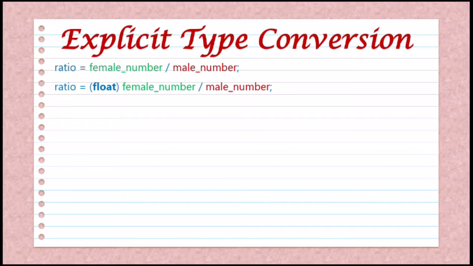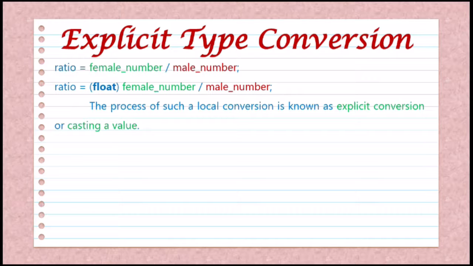Note that in no way does the operator float affect the value of the variable female number, and the type of female number remains as int in the other parts of the program. The process of such a local conversion is known as explicit conversion or casting a value.